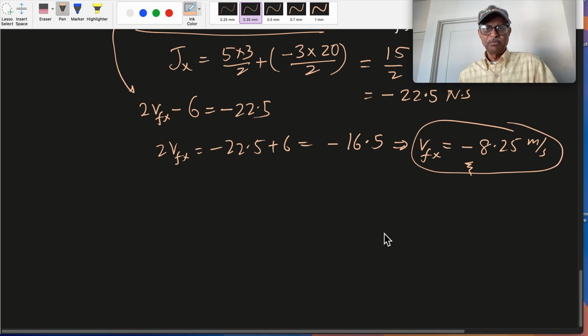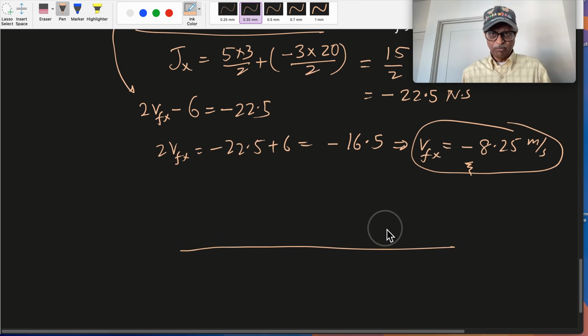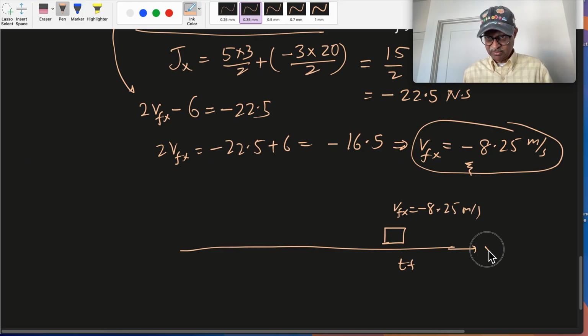So it's negative. So I'm over here at t final now, and v final x is minus 8.25 meter per second, and the positive x-axis points that way.